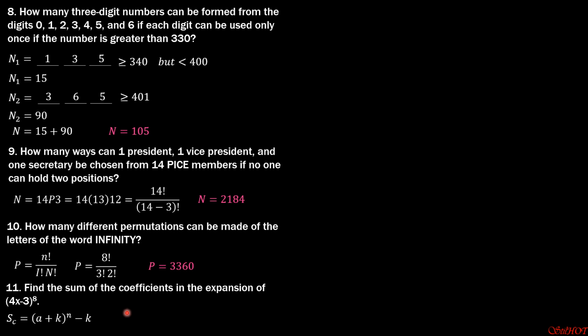If you can recall, to neutralize the effect of the constant raised to 8, which is accounted as a coefficient, which is supposedly none. So a is 4, k is negative 3. So that would be 4 plus negative 3, or 4 minus 3 raised to 8 minus quantity negative 3 to the 8.